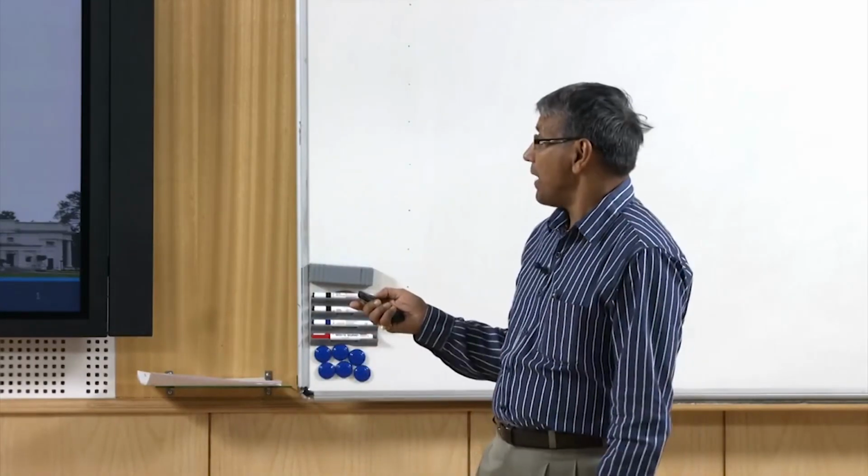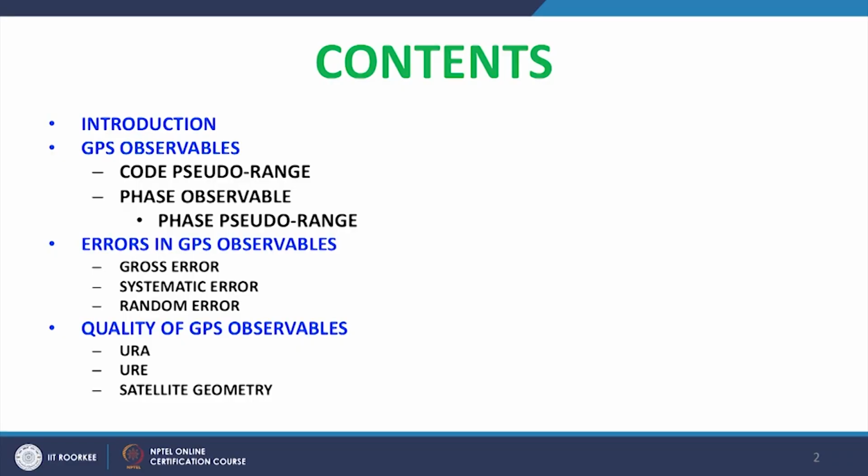Now these observables are sometimes also associated with some errors. So in today's class, in the beginning I would like to discuss GPS observables, its types, and then the errors that the GPS observables carry.